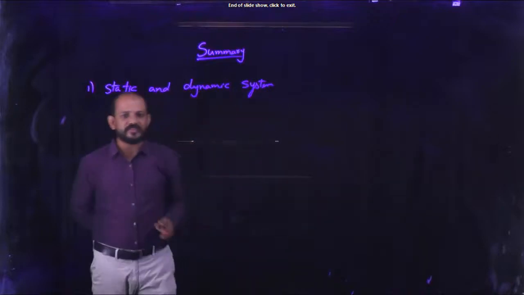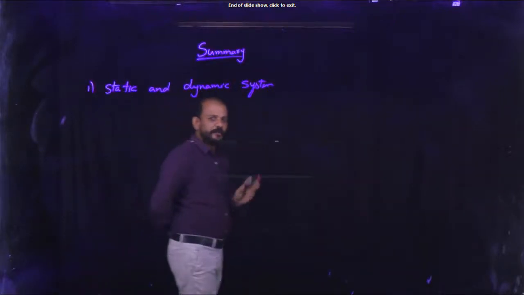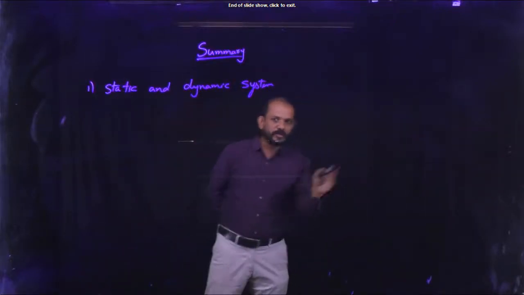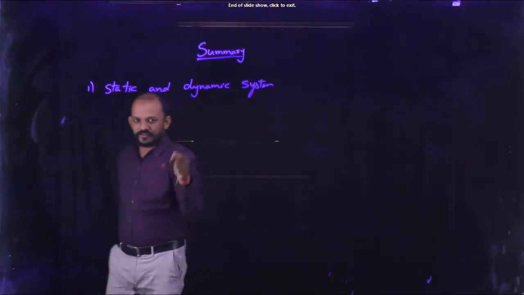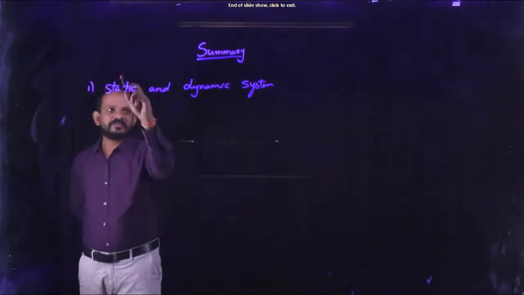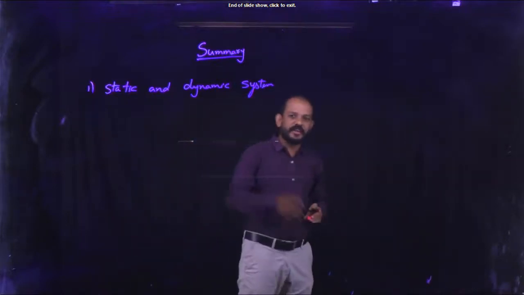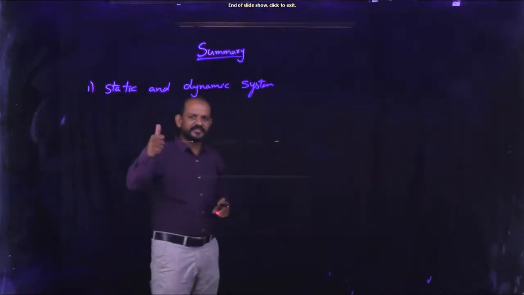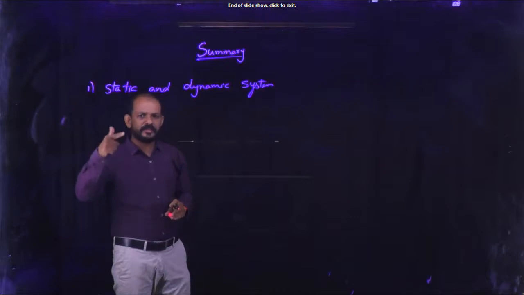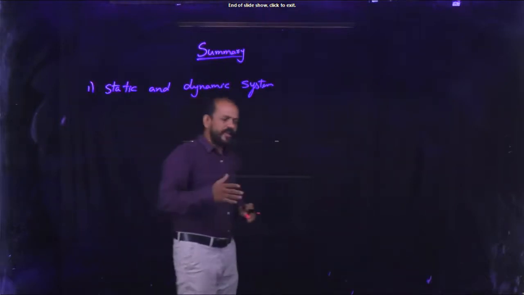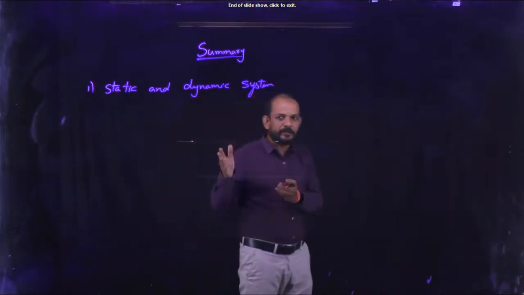So in classification of systems, I already explained you 3 using the smart board. In this glass board, the first topic is with respect to static and dynamic systems. I explained you what is a static system, what is a dynamic system. I had given you the general example, static person, dynamic person.